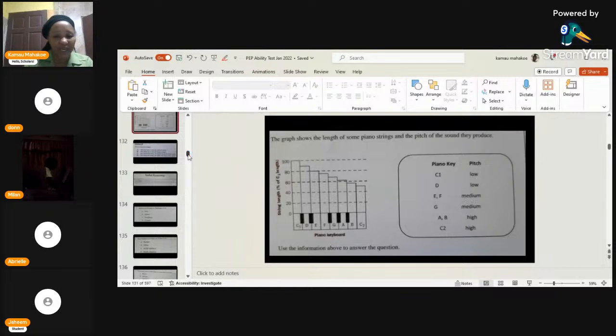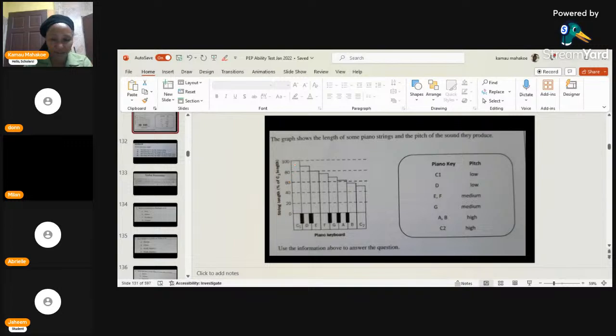All right. So looking at the diagram, we can see there are one, two, three... is it eight? 8 keys, and they're of varying lengths. So C1 is the highest length, and they're telling us if we look at the key over here, C1 has a low pitch. So the diagram shows us that it is the longest string, and it has a low pitch.